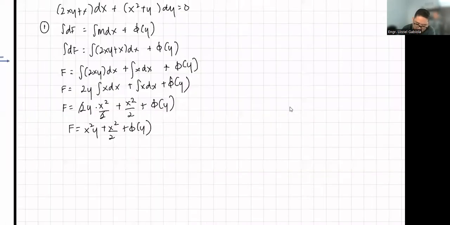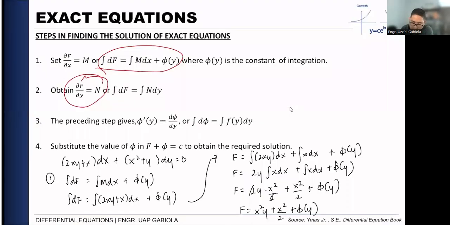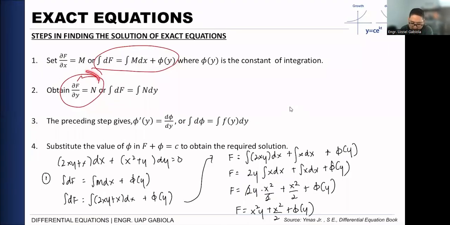Step 2 is according dun sa ating step, no? According dito, step 2 natin is obtain daw natin yung partial ni f with respect to y. So meron tayo di ba nakuha ang f, kukunin natin yung partial derivative niya in terms ni y. And then pag nakuha daw natin yun, i-equate natin siya dun sa value ng N natin.